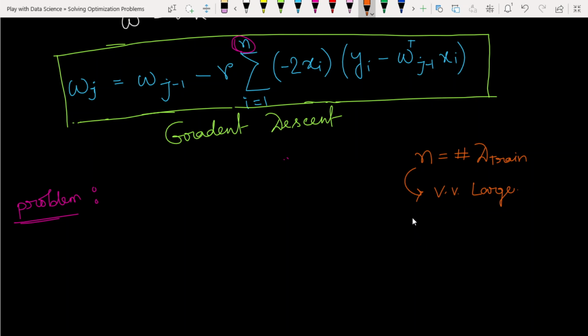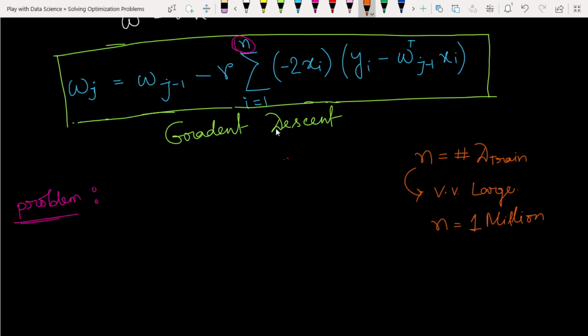In a common real data set, let's take n as 1 million data points.